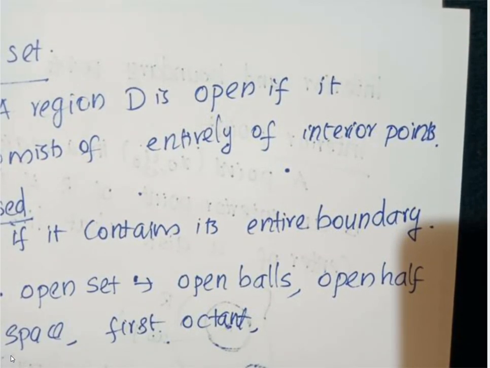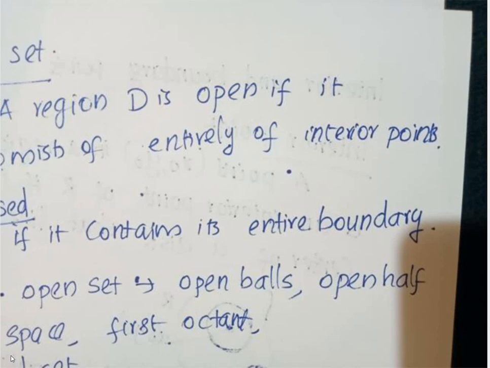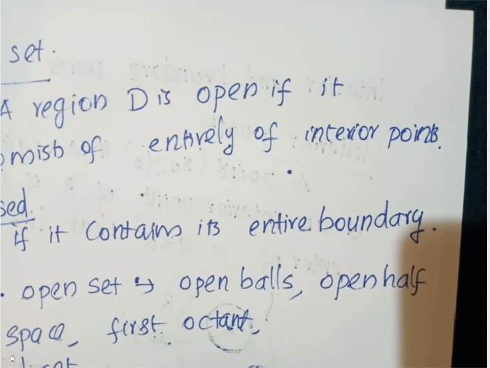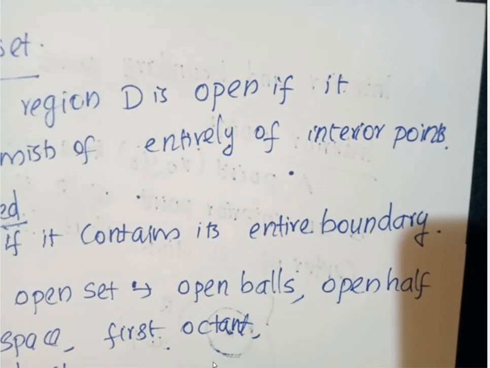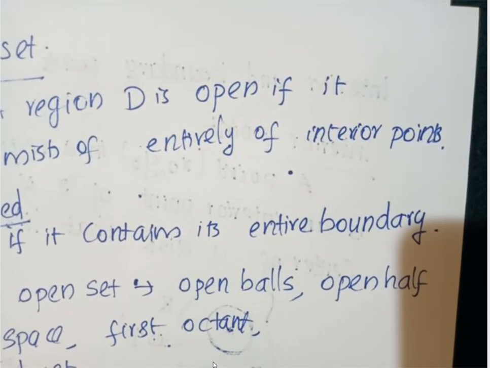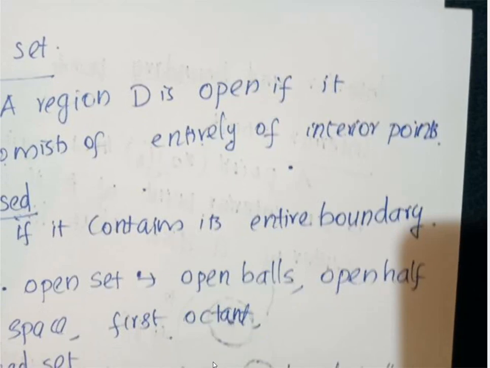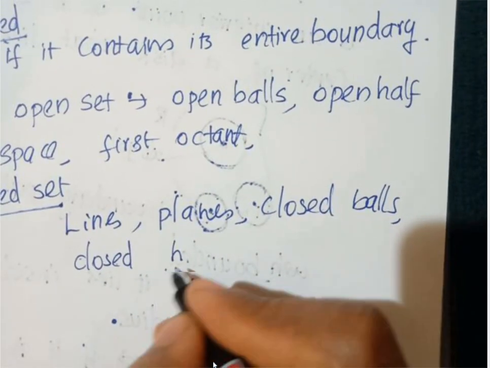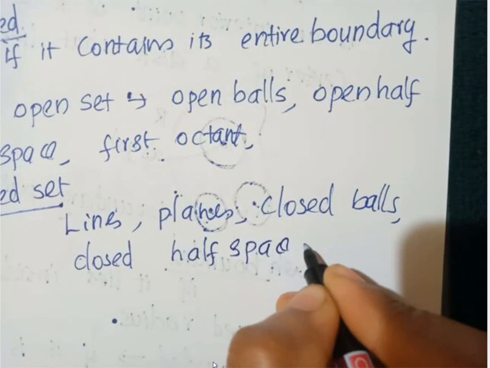What will be examples of closed sets? You know that: lines, planes, closed balls, closed half space, etc.